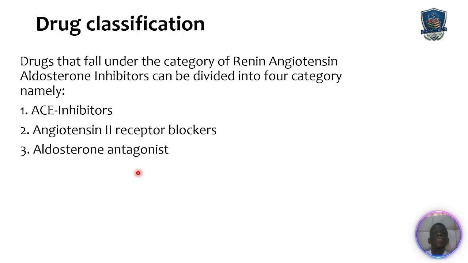For this session, I'm just going to touch on the drugs that work against aldosterone. And lastly, our renin inhibitors. We can also act on the first stage of this cascade, whereby renin is being produced. You can prevent the production of renin, and once you prevent the renin production, this system won't work.